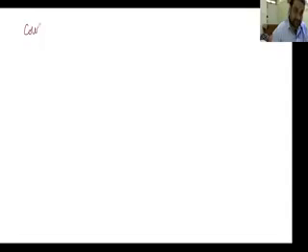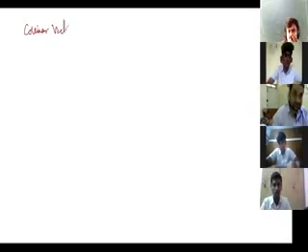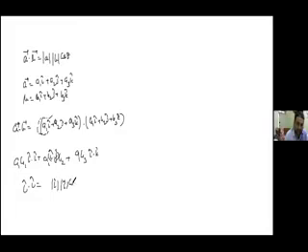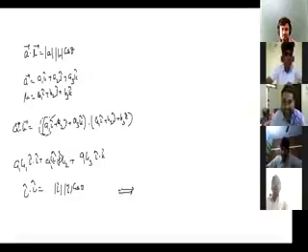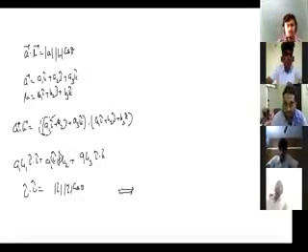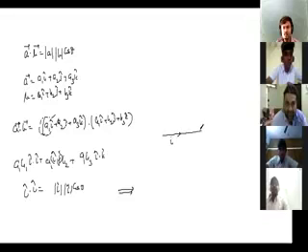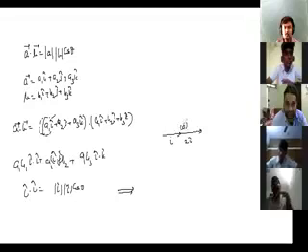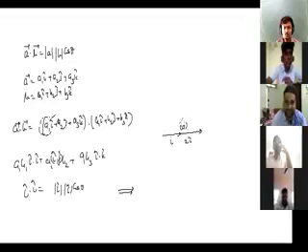Are you clear? Yes, no? Yes, sir. See, this is how cos goes. Cos is positive over here and positive over here. It is negative over here and negative over here. So if this is the first vector, and the second vector makes an acute angle, theta is less than 90, cos will be positive.